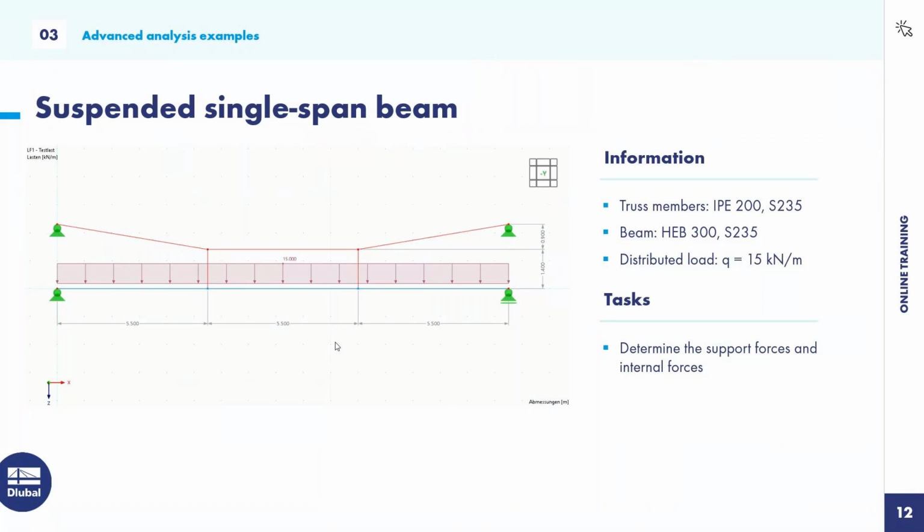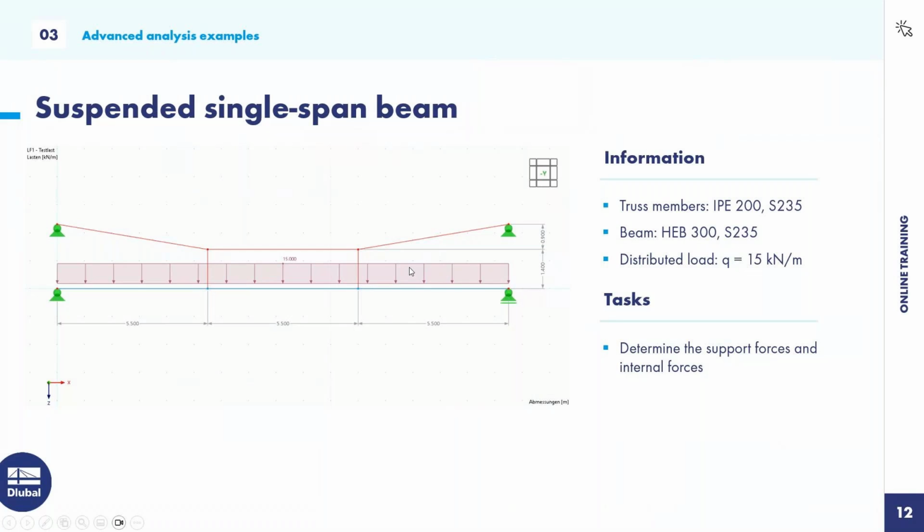We want to model the single span beam with a span of 16 meter 50 as a beam member, which can transfer all kinds of internal forces, so bending moments, shear forces, axial forces, and couple it with truss members, which are shown here in red in this overview.